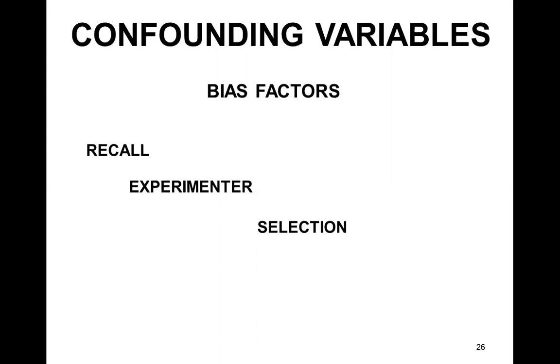So selection of the subjects is an important factor to consider when you're interpreting the data. Then motivation: somebody being paid to be in the study is another factor that often needs control.